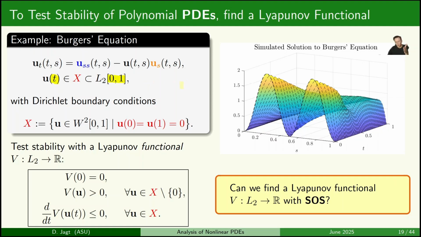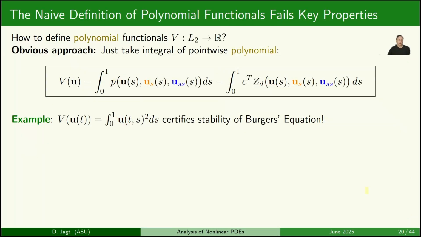So we can test stability by looking for a Lyapunov function, but then this function must in fact be a functional, meaning that it maps a function to a scalar value. So then in order to perform SOS programming in this setting, we have to define a class of polynomial functionals, mapping functions to scalars. So how can we do that?